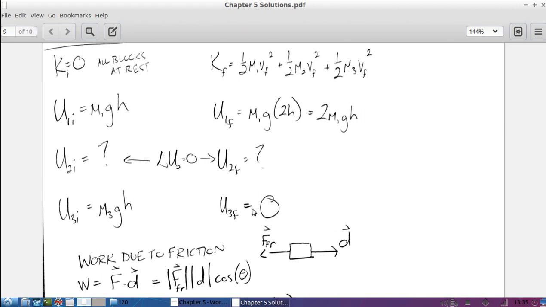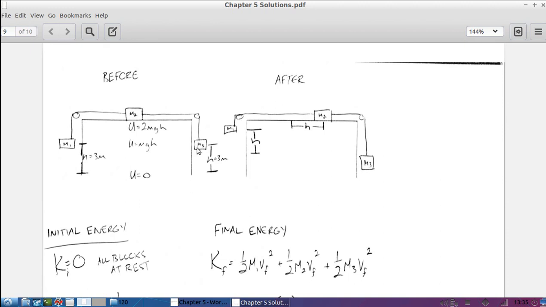Or it's got an initial potential of 0 and it's thrown up in the air. So just make sure that you can keep track of how the potential changes for each object, right? You see m3's potential decreased, but in doing so we increased the potential of m1.